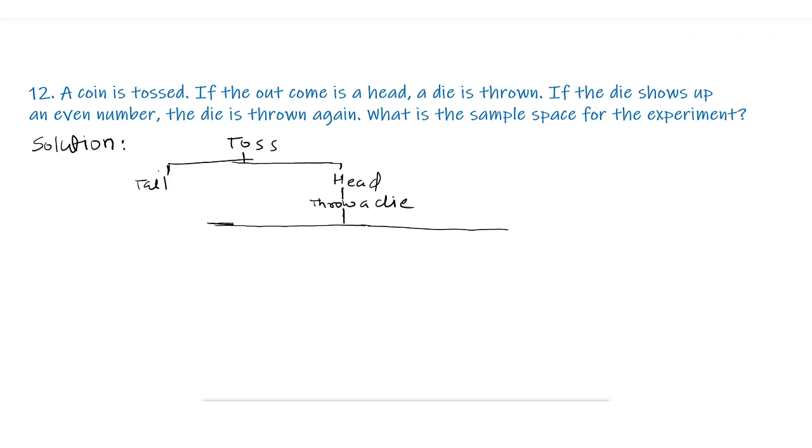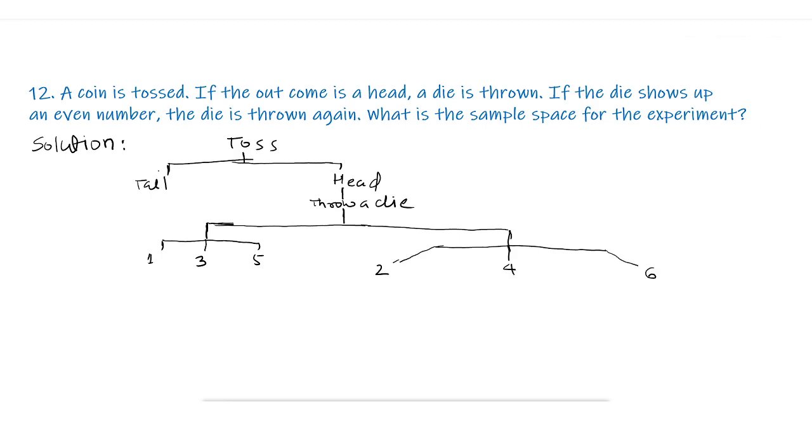So we write like this. If the outcomes are odd, those outcomes are 1, 3, and 5. And if the outcomes are even, those outcomes are 2, 4, and 6.